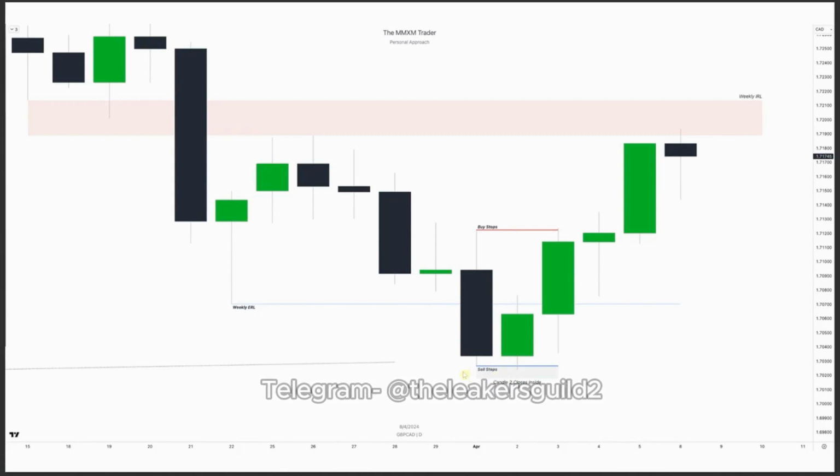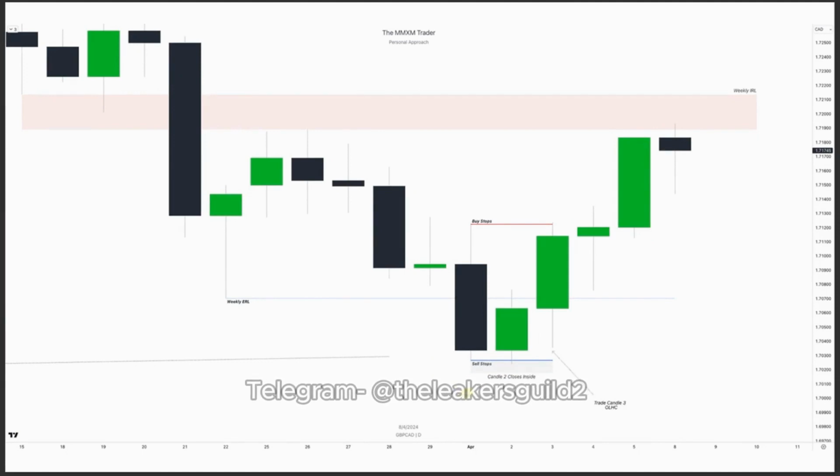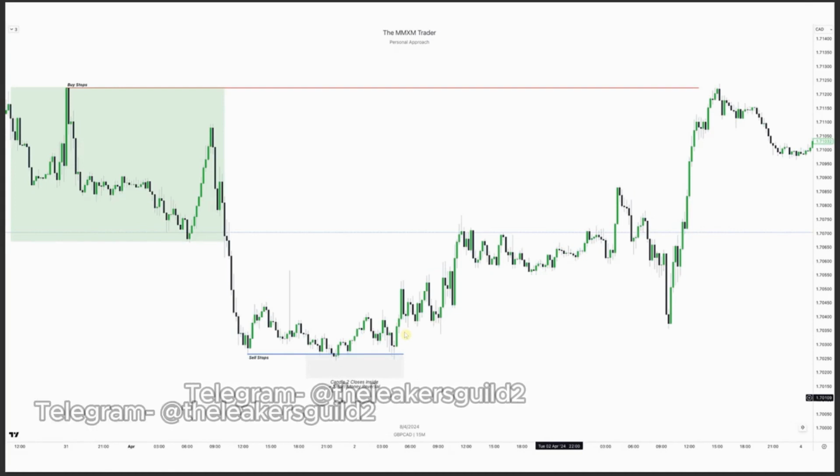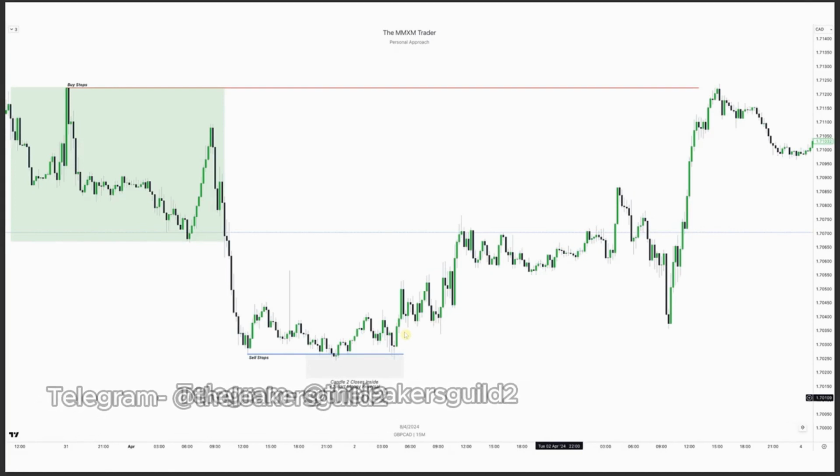So we purge those sell stops, and now we want to be focusing on the third candle, which is highly likely to be an open low and then a high and a close, right? So that would be a classic buy day going for those buy stops. Now we can dive into the 15-minute chart, and this is what we mean by market maker models are swing points, right?